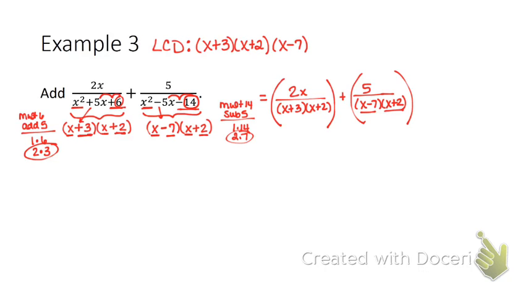Do I already have an x plus 2 written down? Yes, so don't write it. So that up there then is my least common denominator. It's also what we're going to multiply by, right?